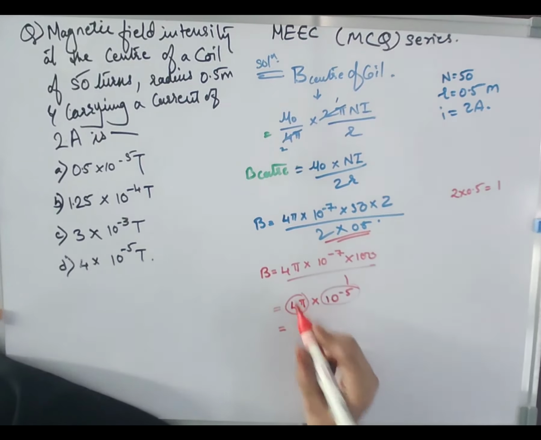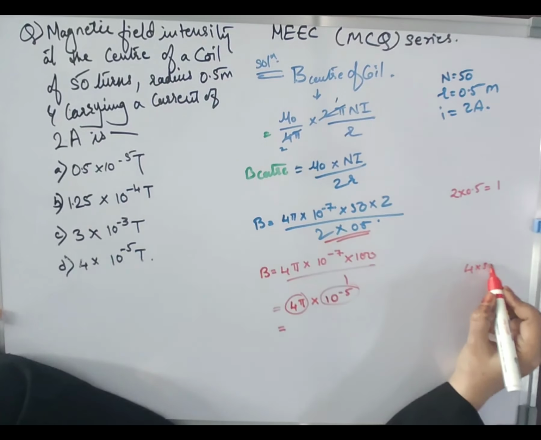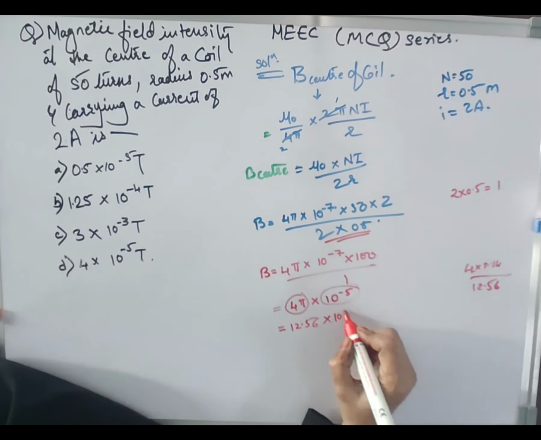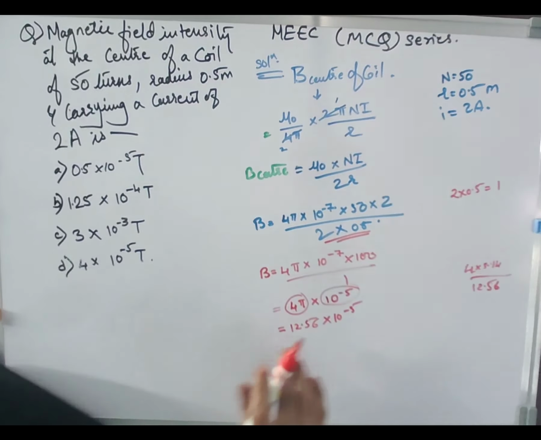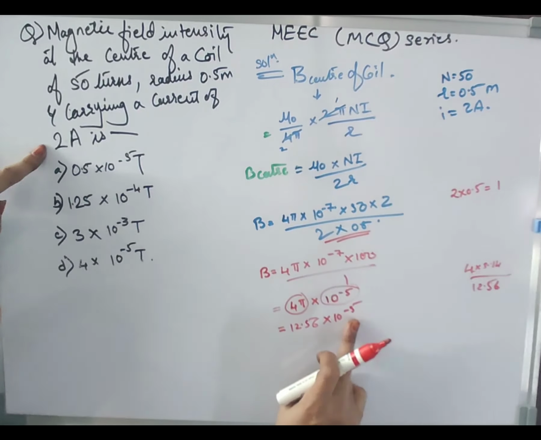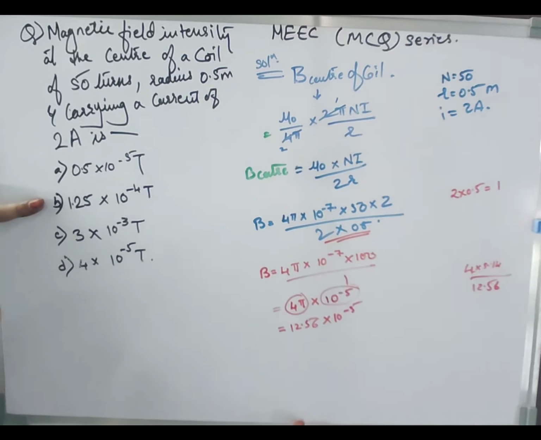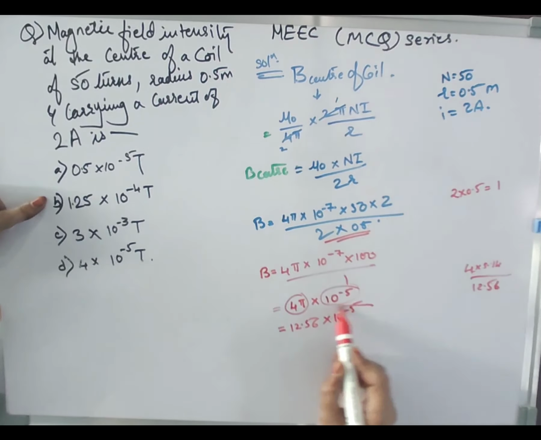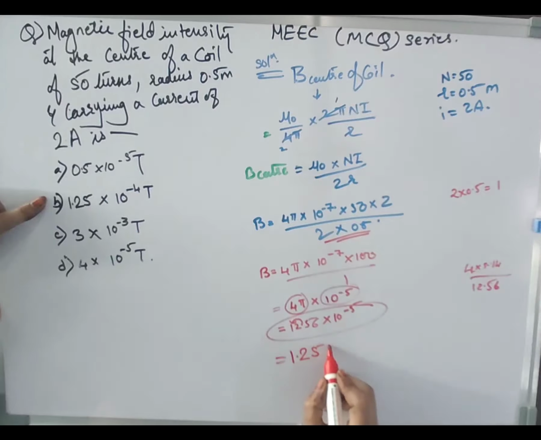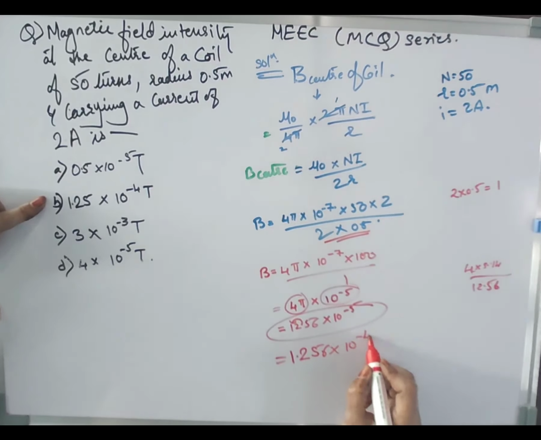And on multiplying 4 into 3.14, into 10 raised to minus 5, but here there is no option of 12.56, but there is one option of 1.2 into 10 raised to minus 4. So what we can do is we can shift one decimal here, and then we can get into 10 raised to minus 4.